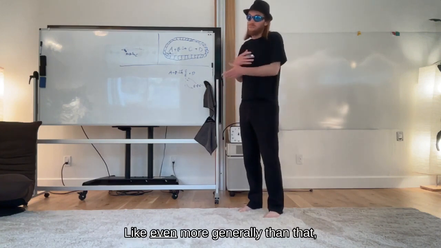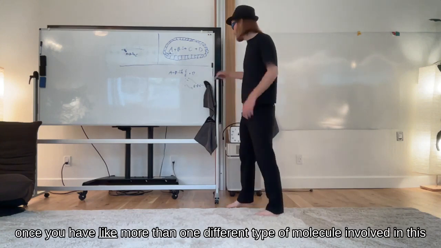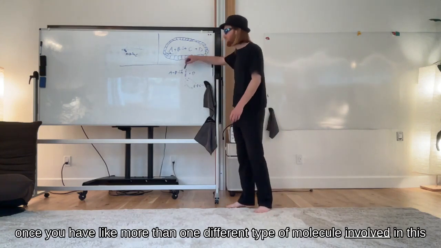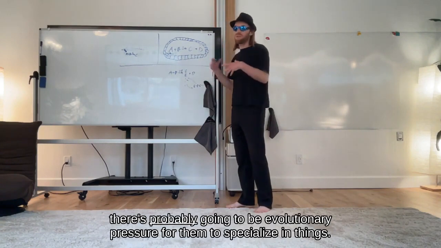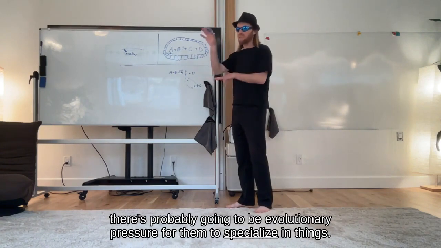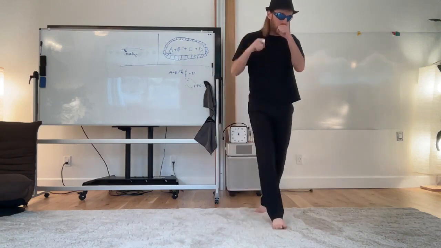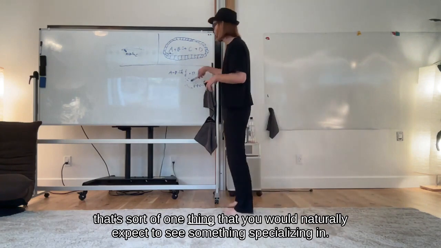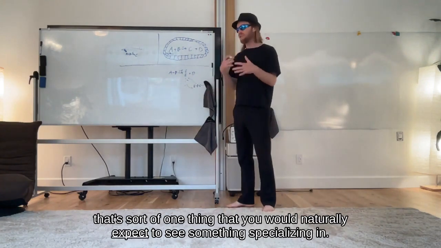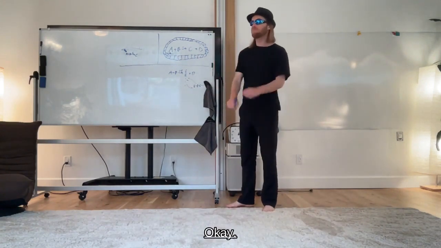I mean, even more generally than that, once you have more than one different type of molecule involved in this autocatalytic system, there's probably going to be evolutionary pressure for them to specialize in things. And once they start specializing, that's one thing you would naturally expect to see. Okay.